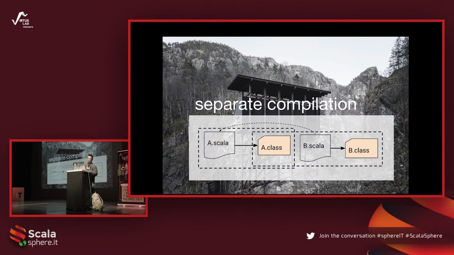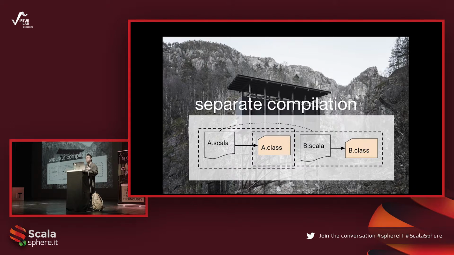So what is separate compilation? You have a.scala that generates a.class. That's the first compilation. And after you do the compilation, you can invoke the Scala compiler to compile b.scala that's referencing a.class. This seems intuitive, of course, but it is actually a feature that allows you to do that.